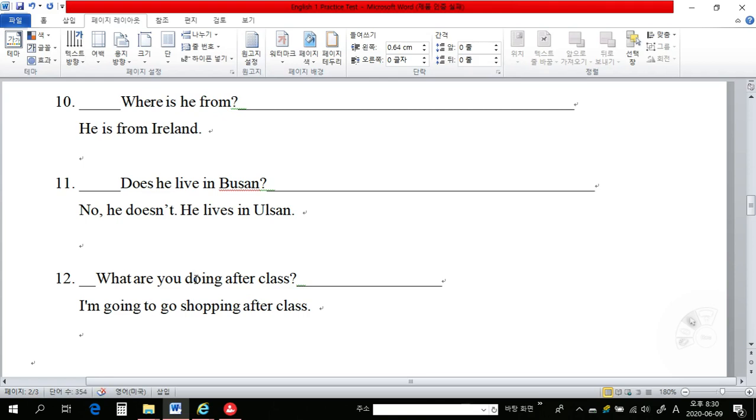Or maybe more precisely, as we studied in Unit 12, what are you going to do after class? So using a proper future tense. What are you going to do after class? I'm going to go shopping after class. Okay, good.